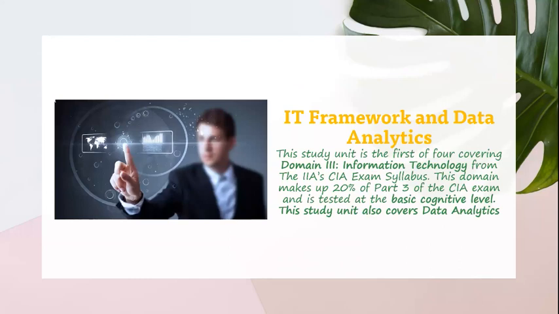So this study unit is the first for covering domain 3 information technology from IIA CIA exam syllabus. So this domain makes up 20% of the part 3 of the CIA exam and tested at the basic cognitive level. The study unit also covers the data analytics.